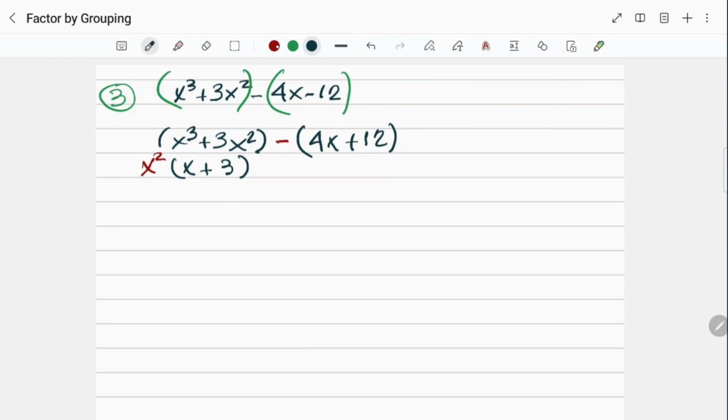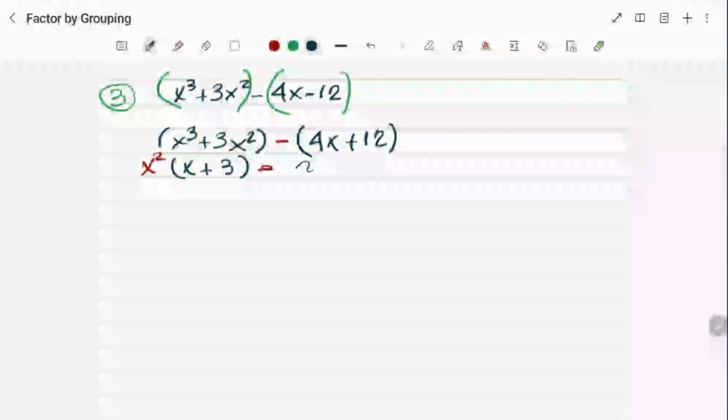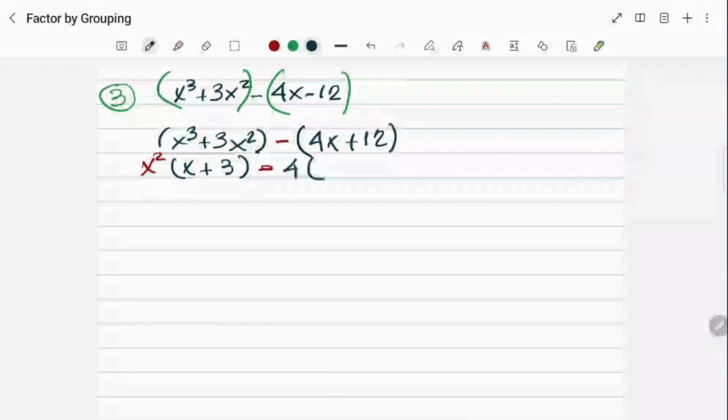And continue with the expression. My common factor in this second parenthesis is 4. 4 is a common factor of x plus 3. Try to find the factor out in this binomial that we have, two terms.